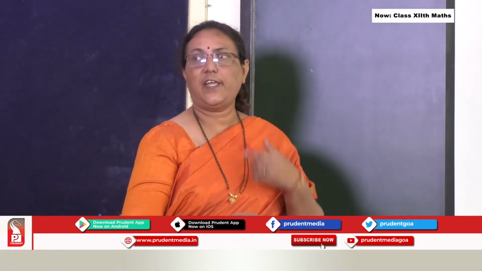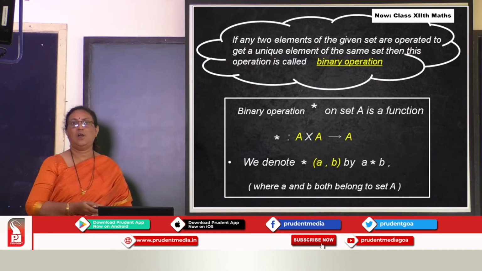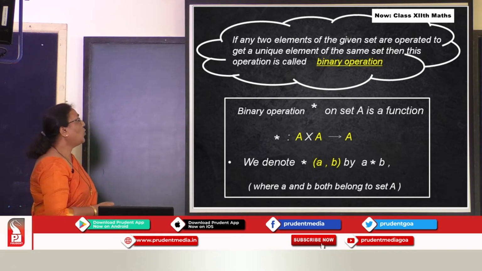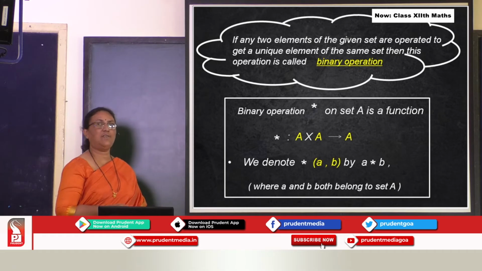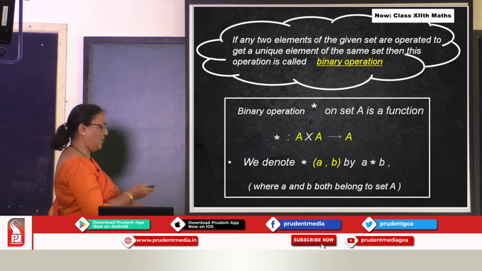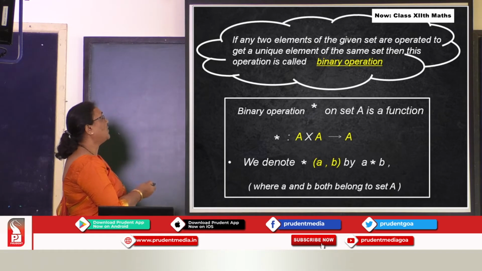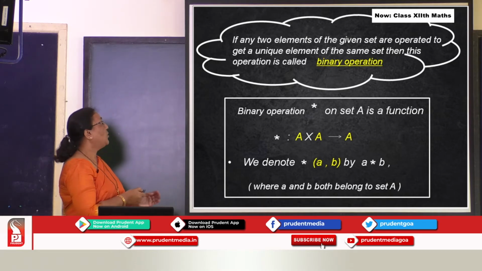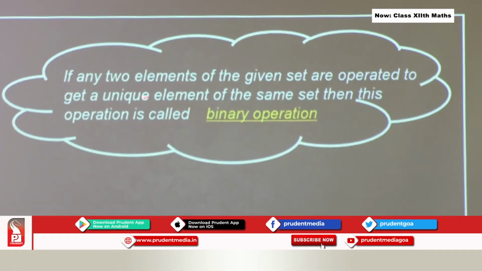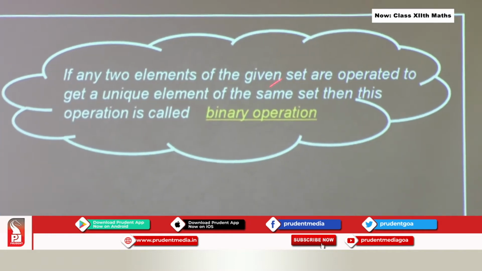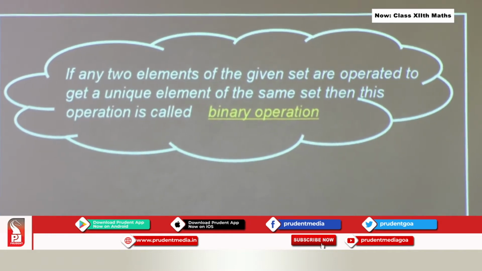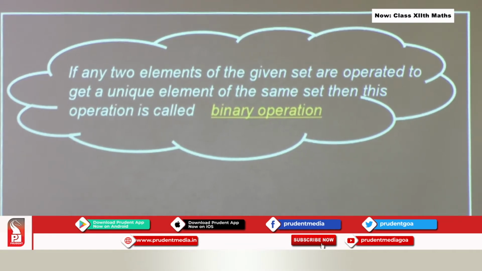Now I will come to the definition of binary operation. If any two elements of the given set are operated to get a unique element, and the element should be a unique element of the same set, then this operation is called a binary operation.